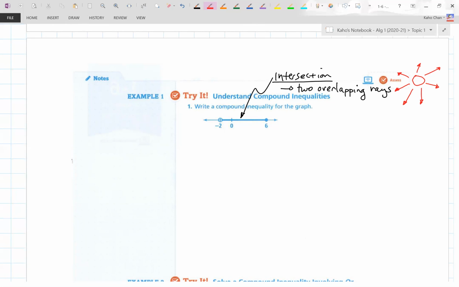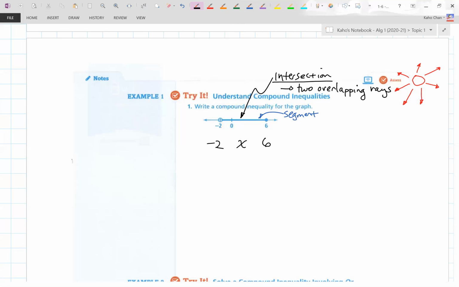Your answer is located in the segment, or line segment, to be specific. And we are literally between -2 and 6. Put the variable x in the middle. The inequality itself is going to be different depending on which end you're looking at.